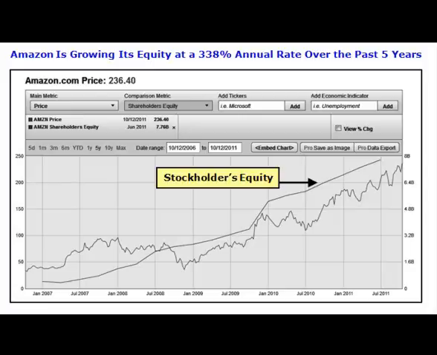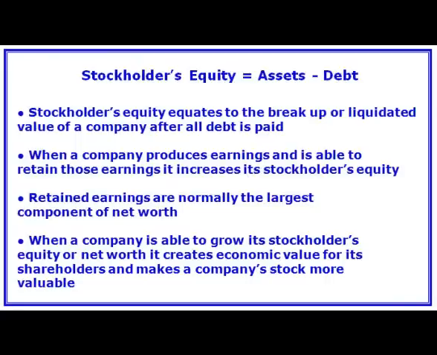And I'm displaying a stockholders' equity graph for Amazon, and we can see the equity growth rate for Amazon is very high, and it's averaging about 338% a year over the past 5 years. So Amazon has very strong fundamentals as indicated by its stockholders' equity growth.